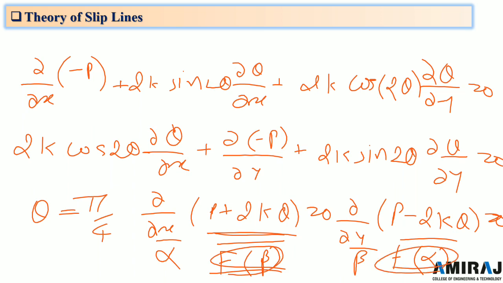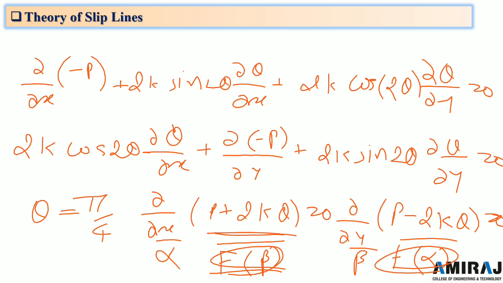So the equations are algebraic equations obtained from the partial differential equations by simply changing the coordinate system in the yield condition. Therefore the solution of these algebraic equations along with the given boundary conditions is the same as the solution obtained by the partial differential equations along with the yield condition and the given boundary conditions.